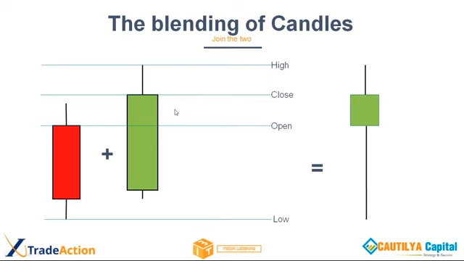In this case, the last candle is the second candle, and hence we took the close of the second candle. We plotted the lines there, and those are the open, high, low, close that we consider in creating the combined candle. The combined candle looks like the one on the right side.